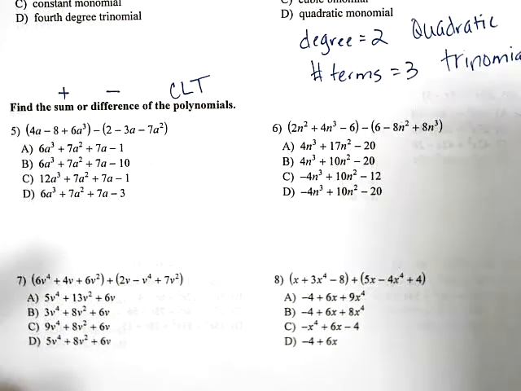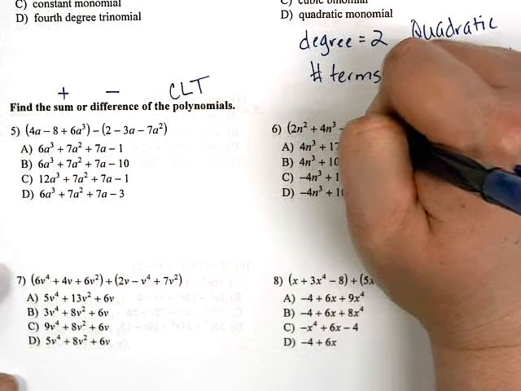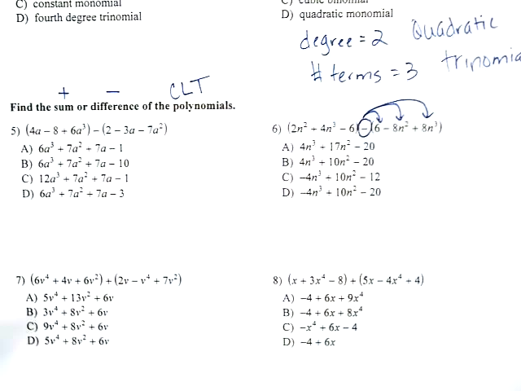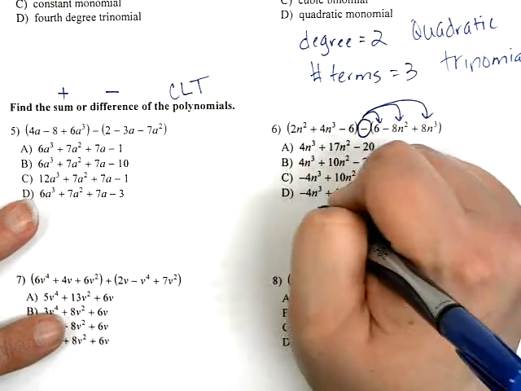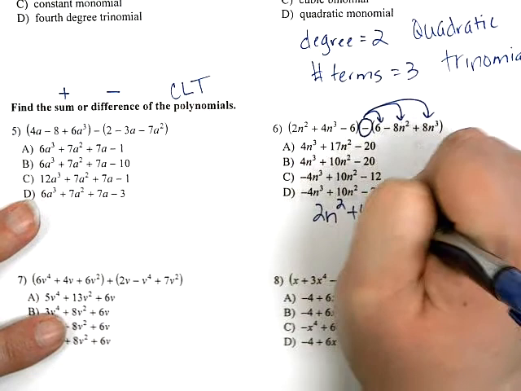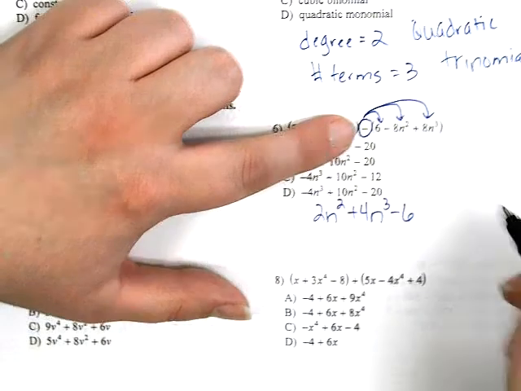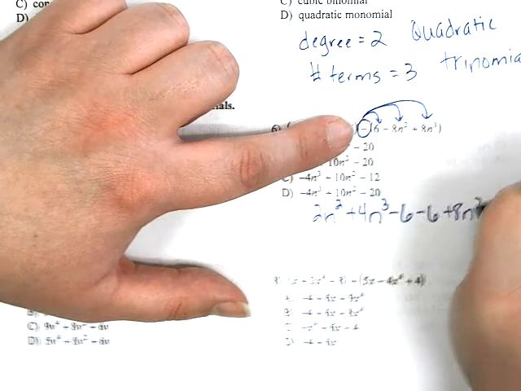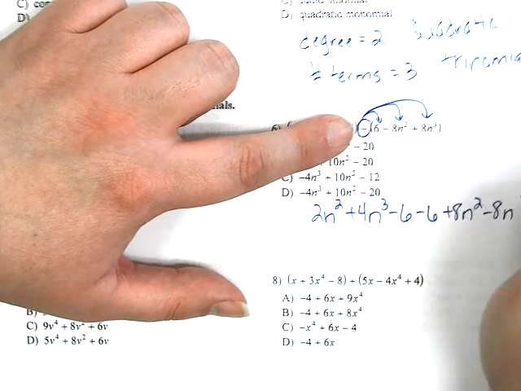Number 6 I see as a subtraction. So I'm going to take that negative and distribute it to all of my terms in my second polynomial. So I have 2n squared plus 4n cubed minus 6, and then I have a minus 6 plus 8n squared minus 8n cubed.